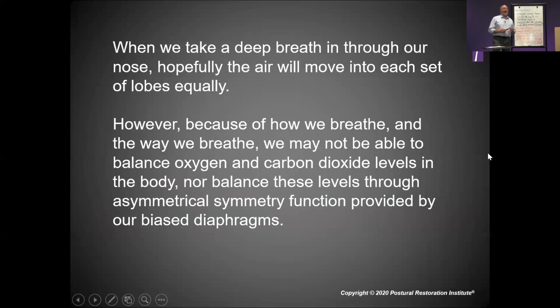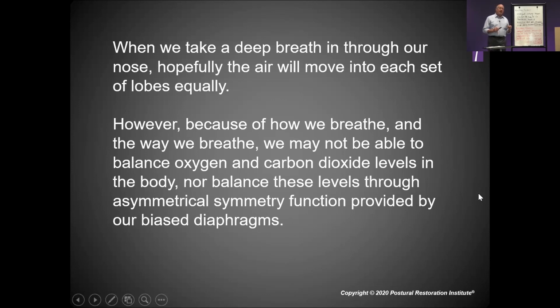When we take a deep breath in through our nose, hopefully the air will move into each set of lobes equally, hopefully. That rarely happens, but hopefully it does. However, because of how we breathe and the way we breathe, we may not be able to balance oxygen and carbon dioxide levels in the body, nor balance these levels through asymmetrical symmetry functions provided by our biased diaphragms.